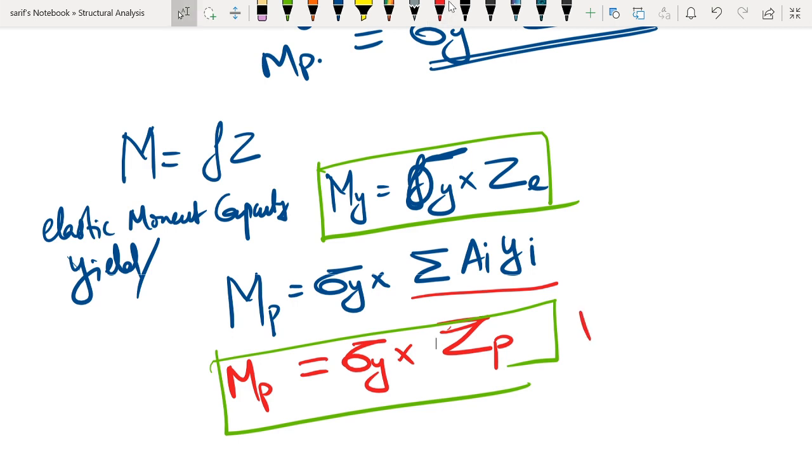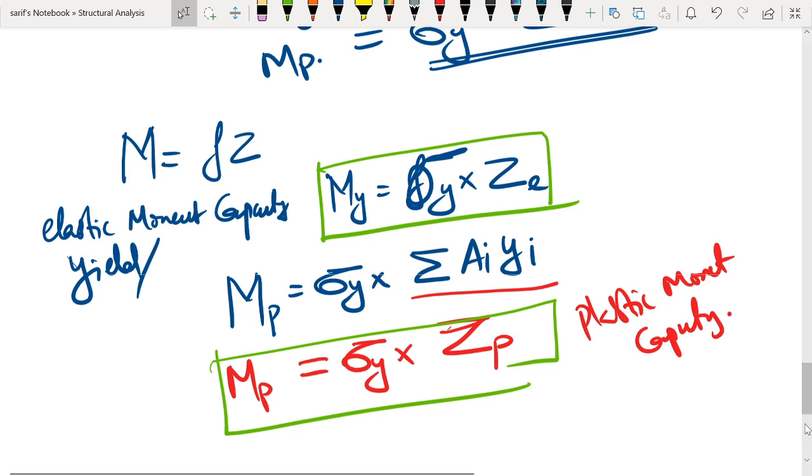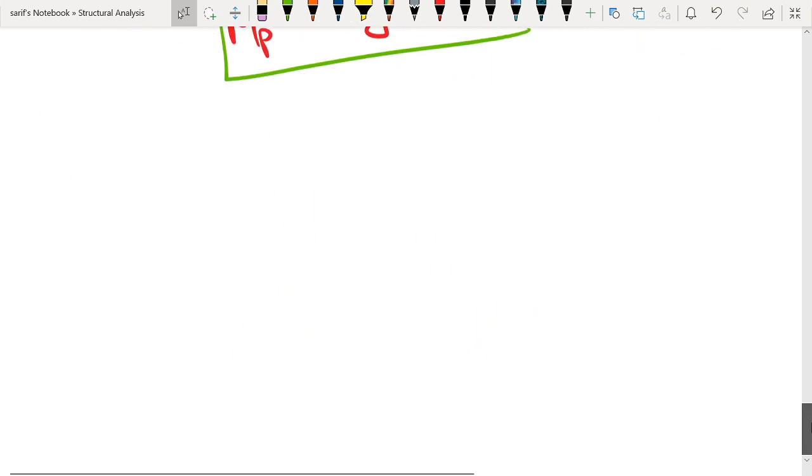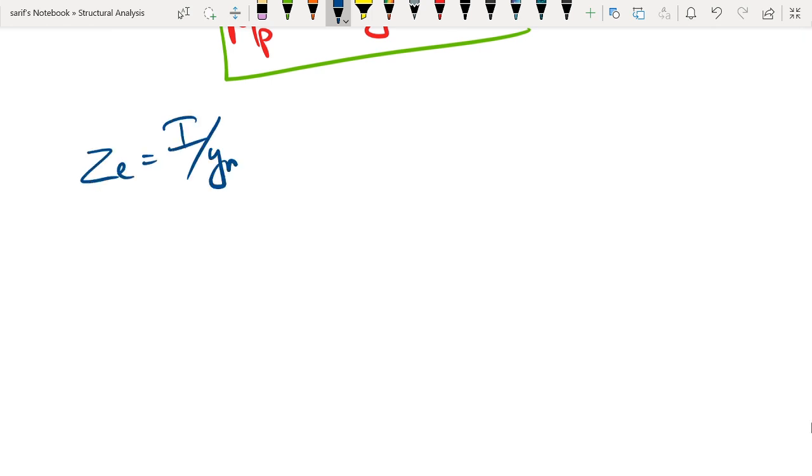So this is the formula for the plastic moment capacity, and plastic moment capacity is nothing but sigma y into Zp, where Zp is the plastic section modulus. Once again, the elastic section modulus, we know it is I divided by y max. Now the plastic section modulus Zp is sigma ai yi. And what is this sigma ai yi? Let us try to see.